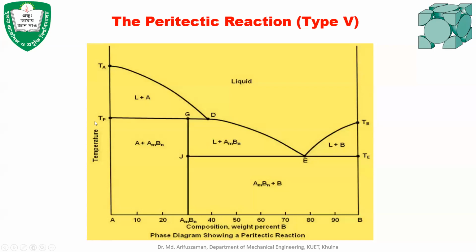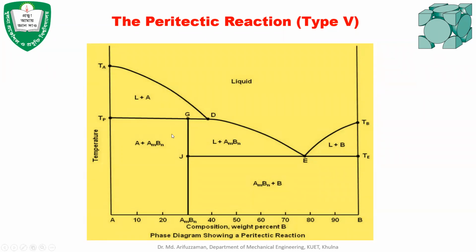Similarly, Tp is the peritectic temperature, and the line between Tp and D is called the peritectic reaction line. This is a horizontal line because the peritectic reaction takes place at a constant temperature, and it is about a liquid and a solid reacting to form a compound or a different type of solid.